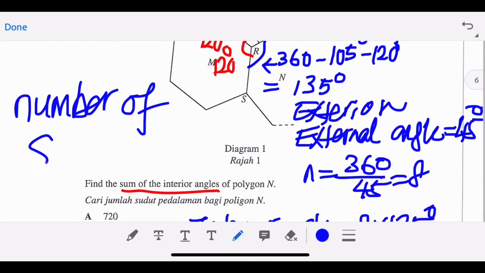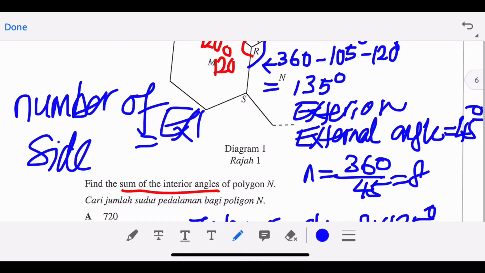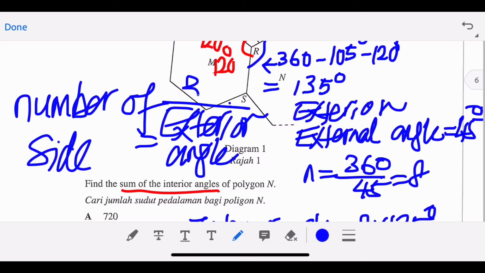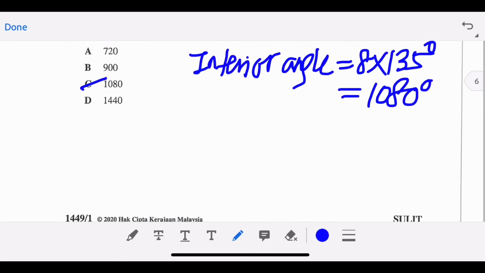Right, so the formula for number of sides is we have to take 360 divided by the exterior angle. Remember, this is a very important formula. Sometimes we say exterior angle is equivalent to 360 degree divided by N. In other words, we can say N is 360 over exterior angle.